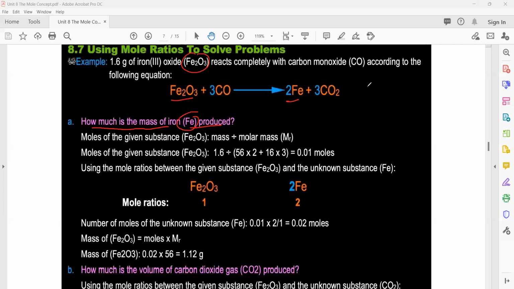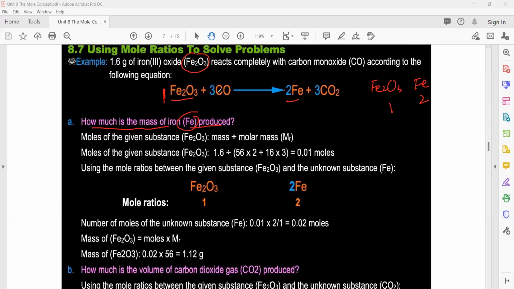So write them in here, for example, iron oxide, and here write simply iron. Now, how many moles are there in the equation? Here 1, here 2. So 1 and 2.